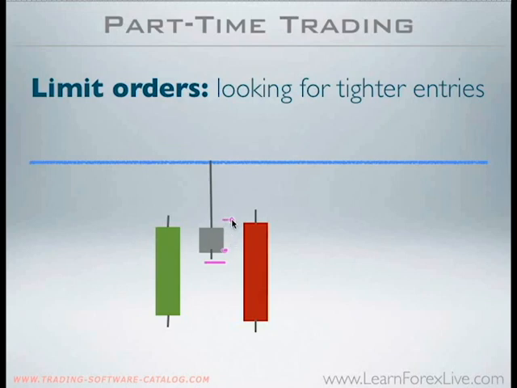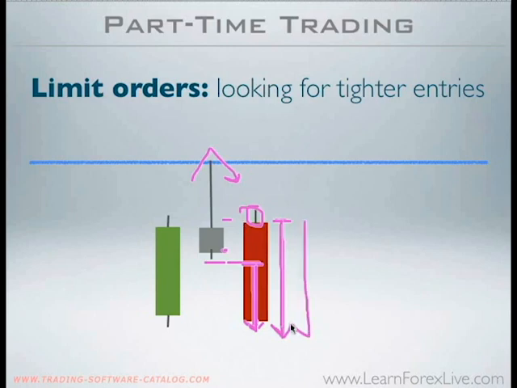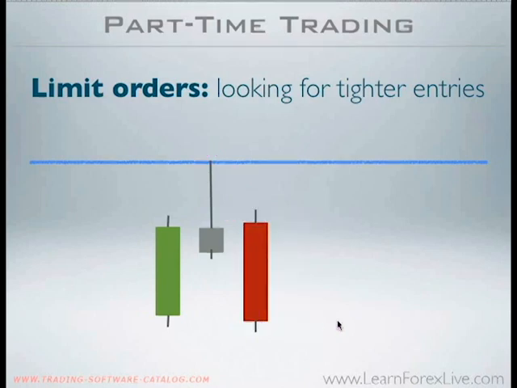Obviously the higher we take our entry, the better, because once price begins to run down in momentum after this reversal, we are going to be making this much in profits instead of this much, or this many pips in profits instead of this many. So again, our goal here is to get into the trade as soon as possible so we can run for further profits in that trade.